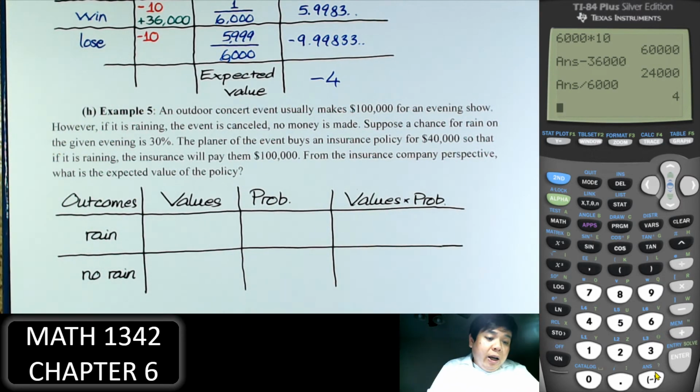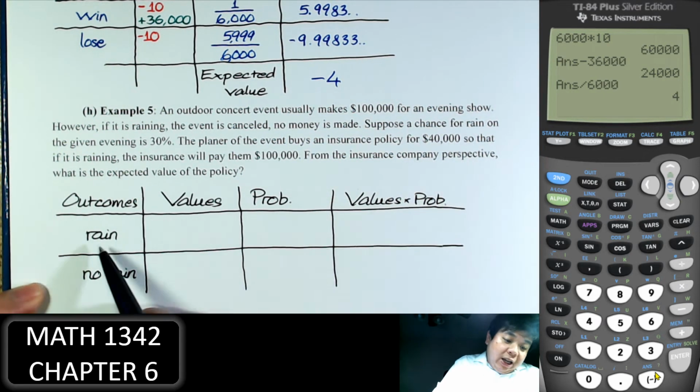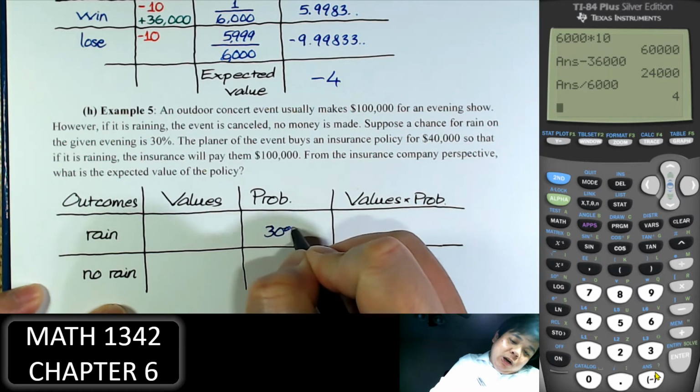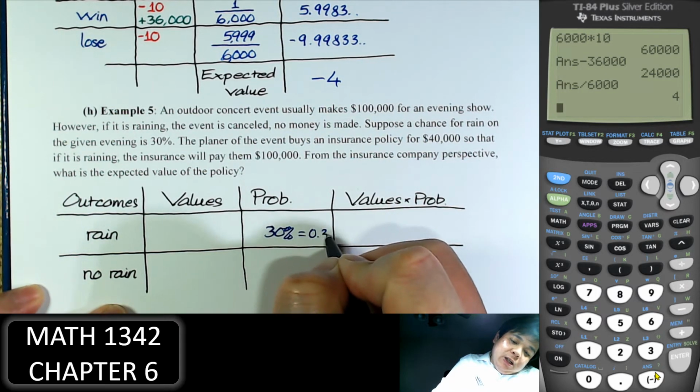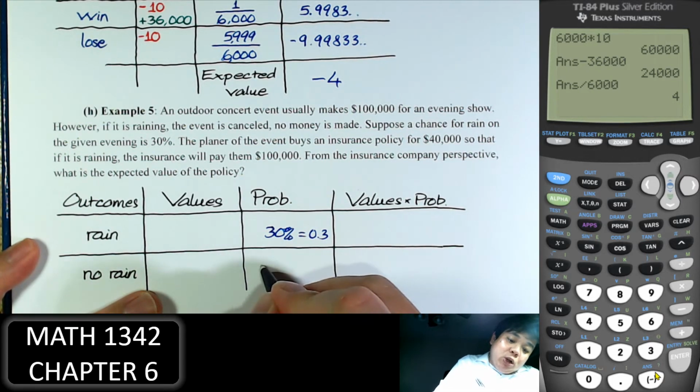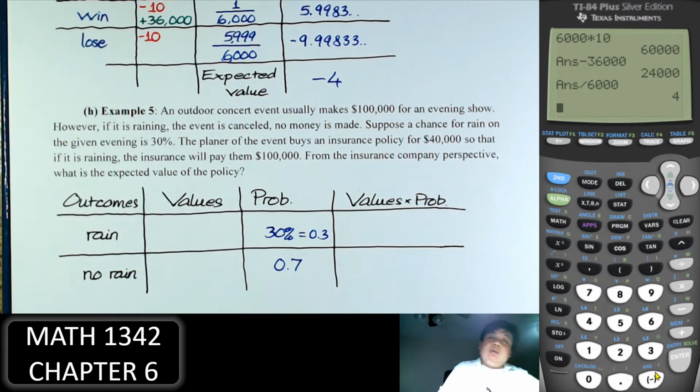We know that the chance of rain is 30%, or 0.3. Not raining is the complement, 1 minus 0.3, which is 0.7. So we have the probabilities.